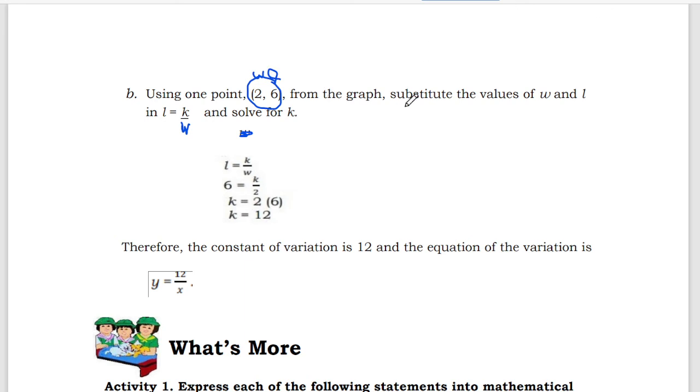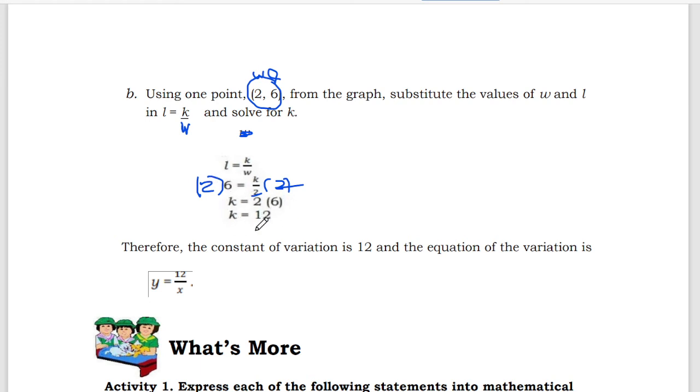Again, replacing the values of length and width, you just multiply both sides by 2. So we can cancel this one, so that K equals 2 times 6, which is 12.